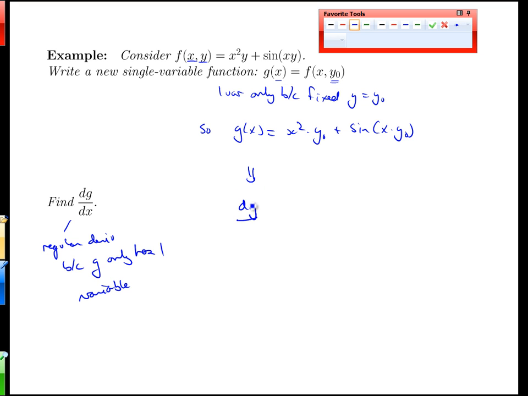The derivative of g with respect to x, well, it's a constant, so it'll be 2x times that constant, plus, treating y naught as a constant, the derivative of sine anything is cos, and then we take the x derivative of the inside, and that just gives us a y naught. So I want you to look at that form for a brief moment and go, okay, so it's 2x y naught cos blah, blah, blah.